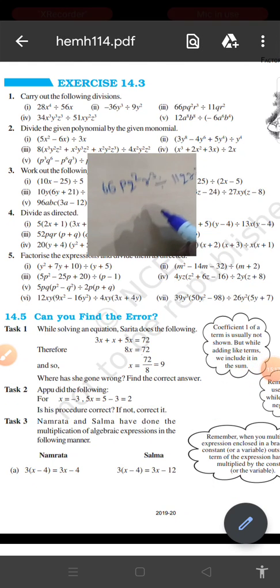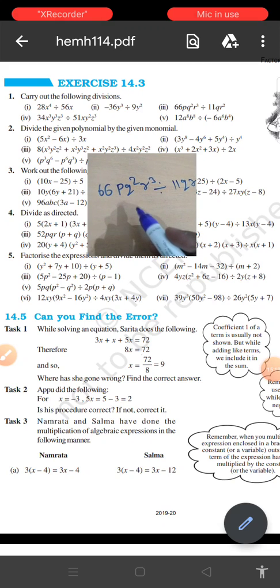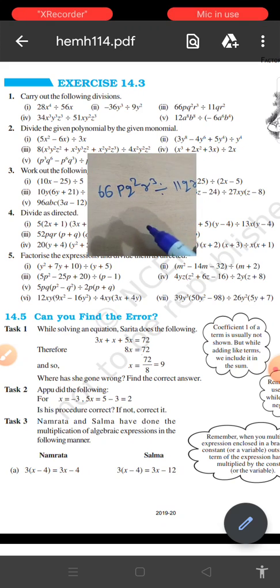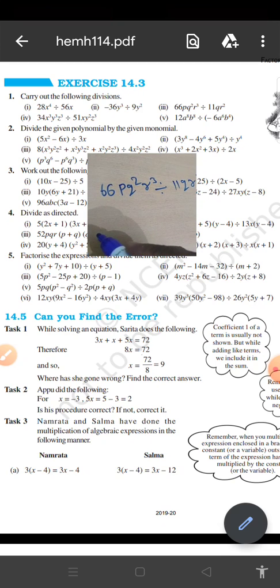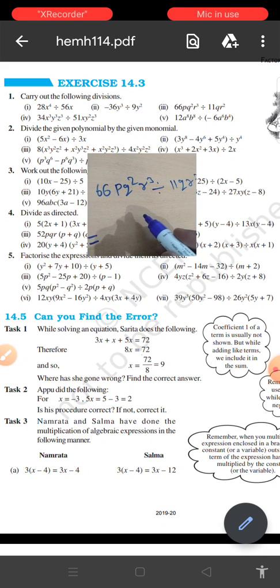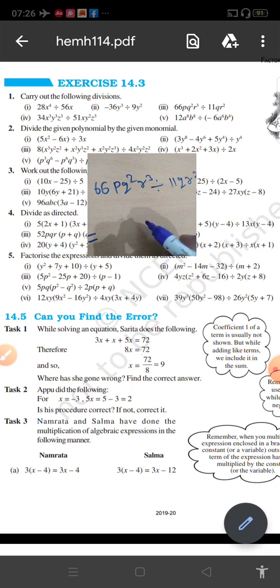So students, you can see here, this is your third part of question number 1. So we can write it like this. This is, you can say, horizontal division.